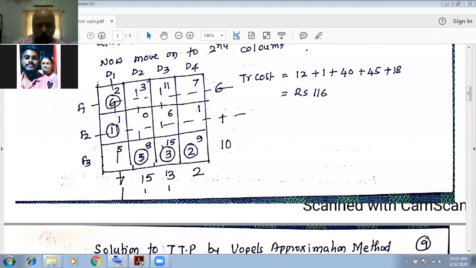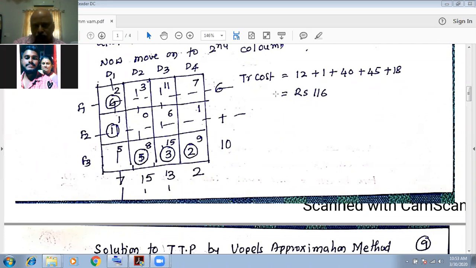This is X11, this is X21, this is X32, X33, X34, multiplied by the corresponding transportation cost: X11 into C11, X21 into C21, X32 into C32, X33 into C33, X34 into C34. That's what I have done here: number of units multiplied by the transportation cost.